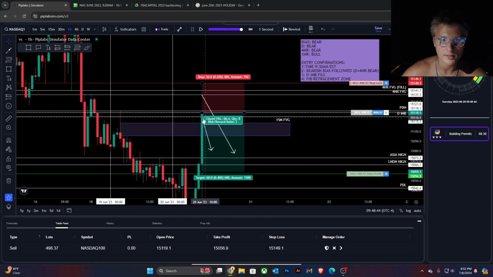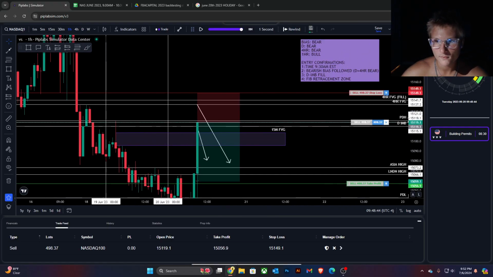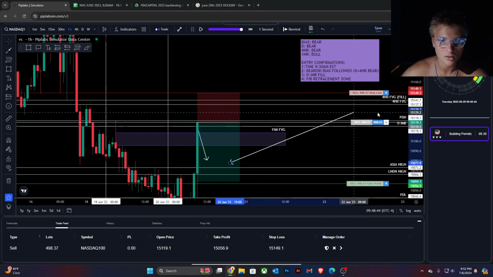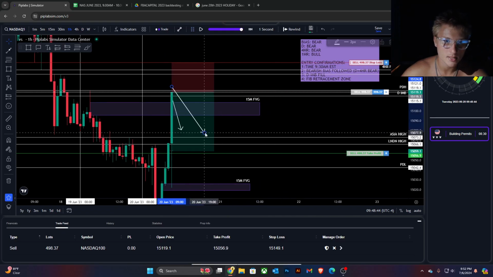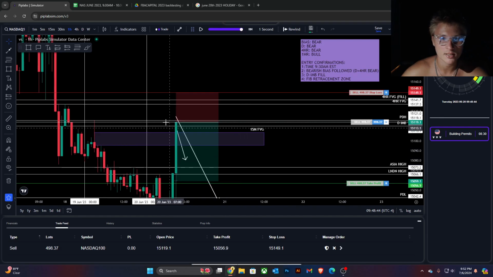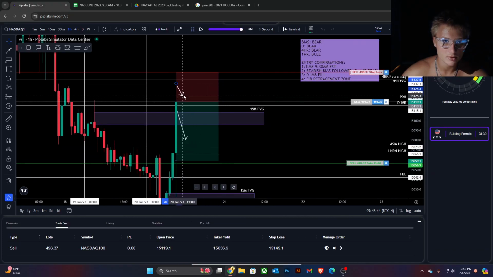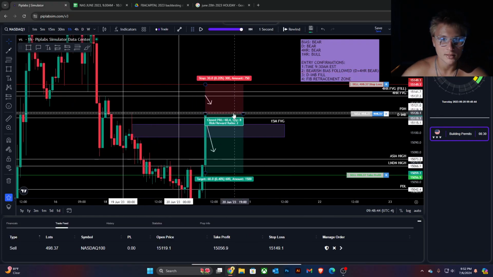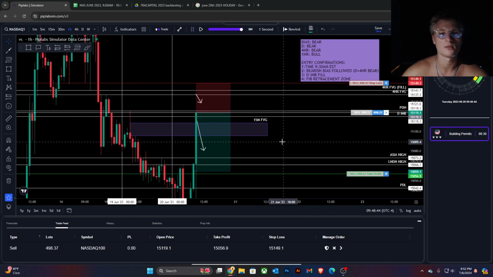So I would take it right here at this daily imbalance being filled. But if price does want to run these previous day's highs even by a little bit, we could see a nice reaction off of that to the downside. My next arrow, I'm going to leave it right here, meaning that we could possibly react off this 4-hour gap as well after running the previous day's highs.